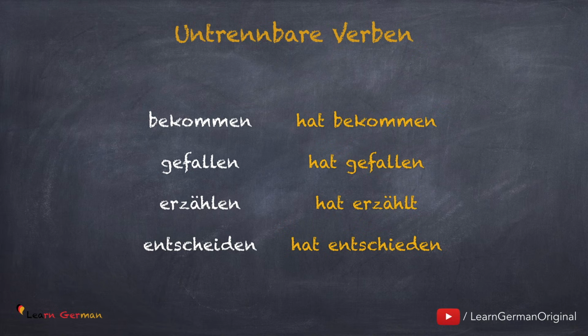Gefallen, hat gefallen. Erzählen, hat erzählt. Entscheiden, hat entschieden. We would advise you to make a list of all the verbs that you have learned in the last two chapters and in this chapter, along with their Perfekt form, and learn them.